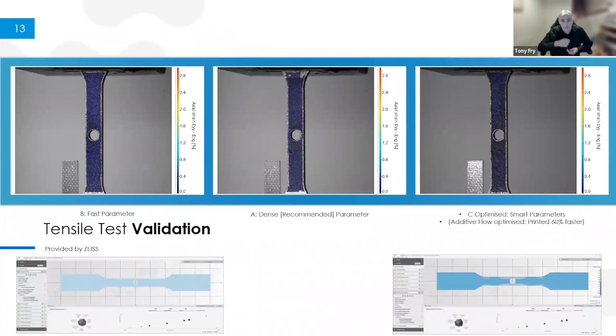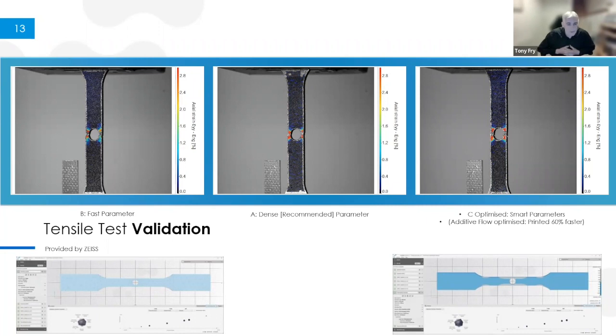So if we can go on to the next slide. What you see in the videos here is some digital image correlation videos of those 3 samples. The one on the left is the porous one. The one in the middle was the fully dense, and the one on the right is the optimized sample. From those images, you can see we're getting similar levels of strain around the hole.